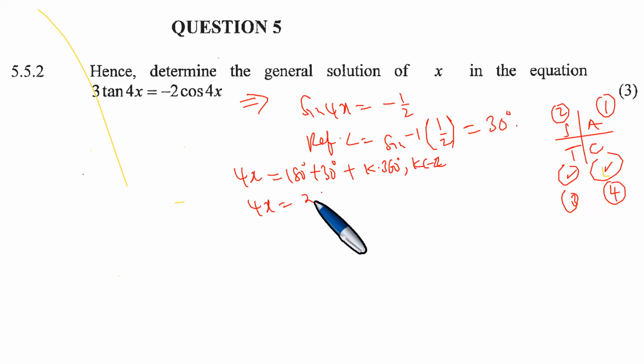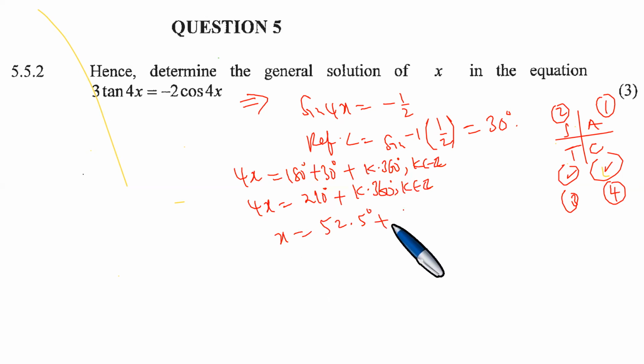So this is 210 degrees plus k times 360 degrees, k is in Z. Divide by 4, x equals 52.5 degrees plus k times 90 degrees, k is in the integers.